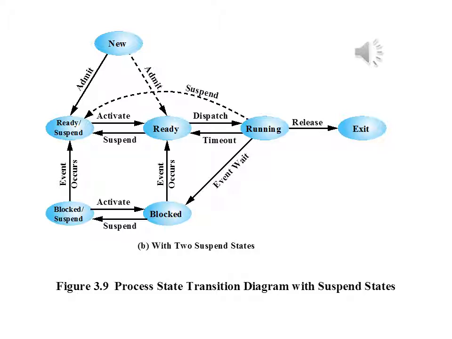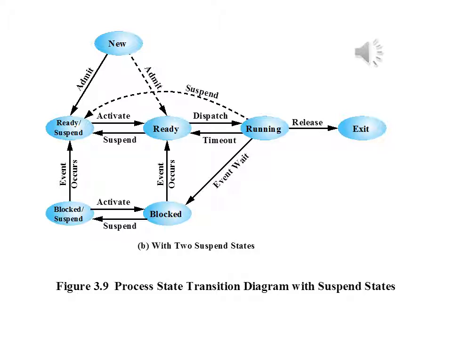There is a process in the blocked suspend queue with a higher priority than any of the processes in the ready suspend queue, and the operating system has reason to believe that the blocking event for that process will occur soon. Under these circumstances, it would seem reasonable to bring a blocked process into main memory in preference to a ready process.